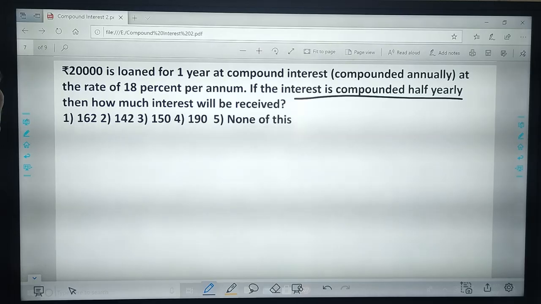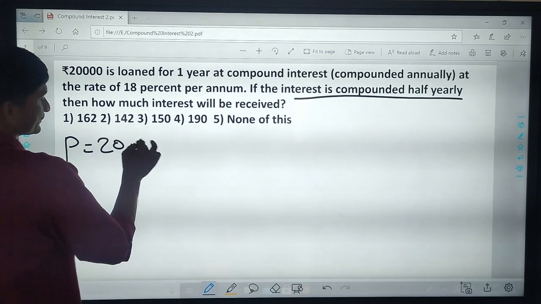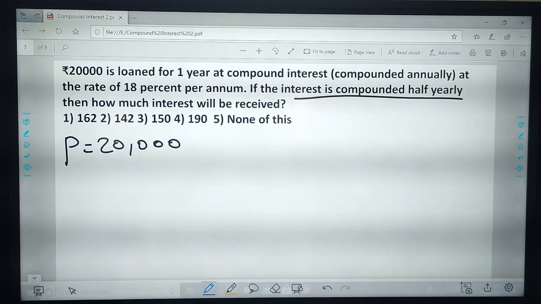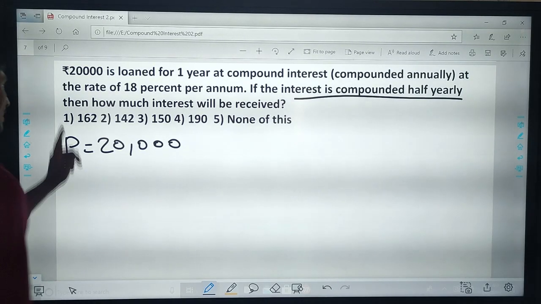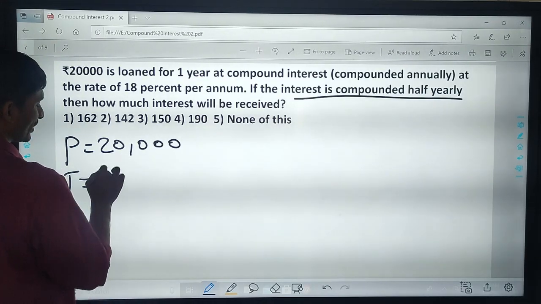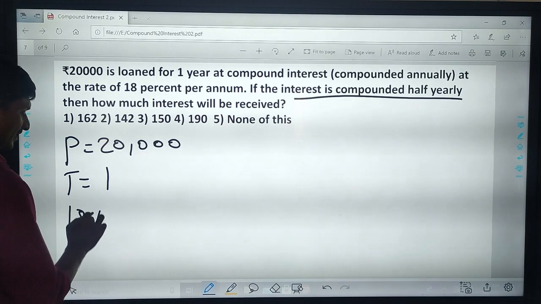Now here your principal is 20,000, time duration is 1 year, at 18%.